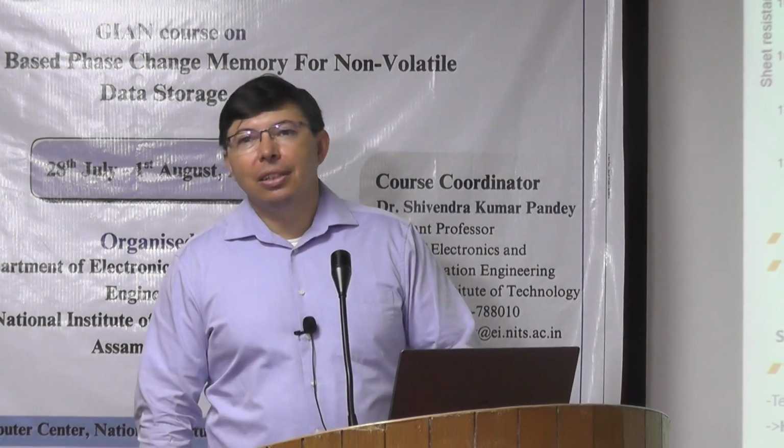Hello, sir. One question regarding Raman scattering. As we have seen, in the transformation from amorphous to crystalline state, some peaks are absent, or the FWHM of the peak decreases or increases. So what actually happens inside during the transformation?